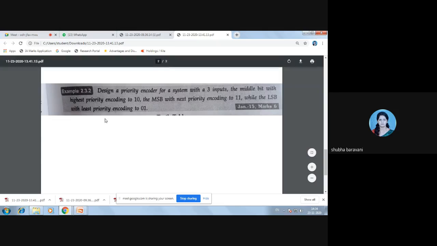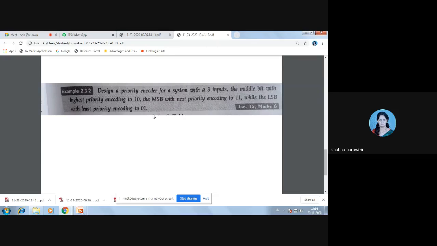The middle bit with highest priority encoding to 1 0, the MSB with next priority encoding to 1 1, while the LSB with least priority encoding to 0 1. Have you all taken down this? Yes, ma'am. Okay, try doing this parallelly.